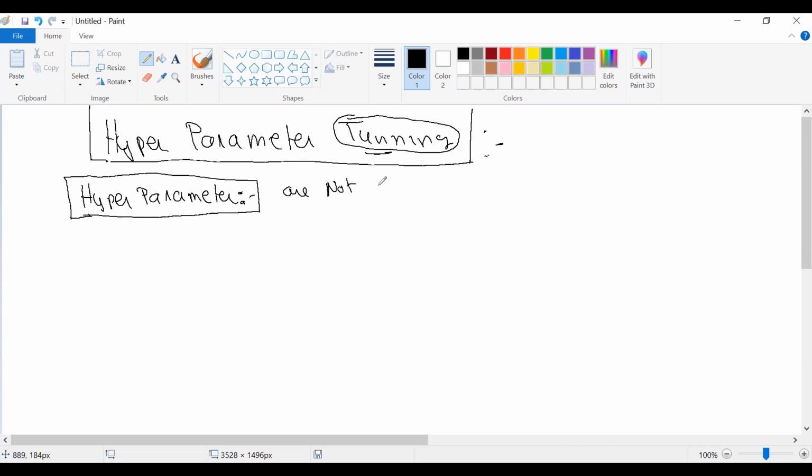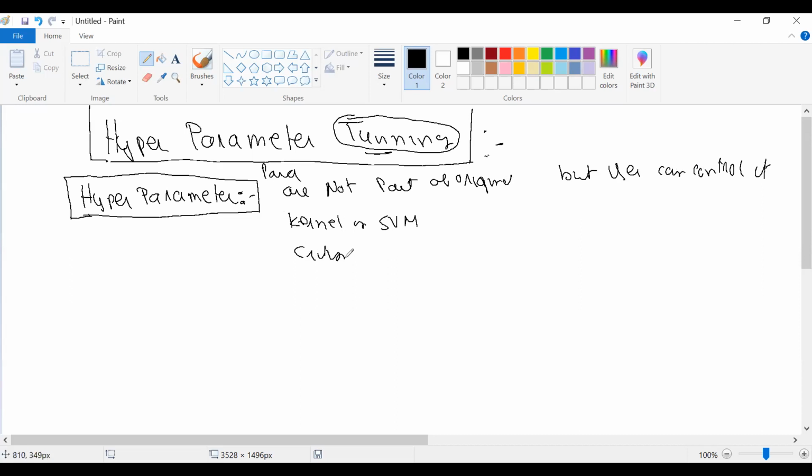Hyperparameters are the parameters which are not part of the original data, but the user can control them, which means the user can change them. For example, the choice of kernel in SVM. Criteria in your decision tree or random forest; criteria can be either Gini or entropy. Any other example of hyperparameters?